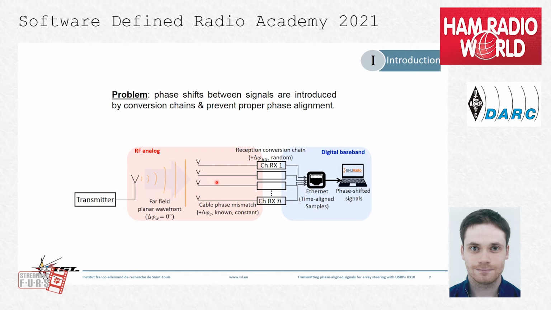So in that case, theory tells us that we should observe phase-aligned signals on GNU Radio. But as mentioned, these conversion chains introduce additional phase shifts, and in practice, the observed signals are phase shifted. So obviously, that's going to hinder the equipment capacity to properly steer antenna arrays.